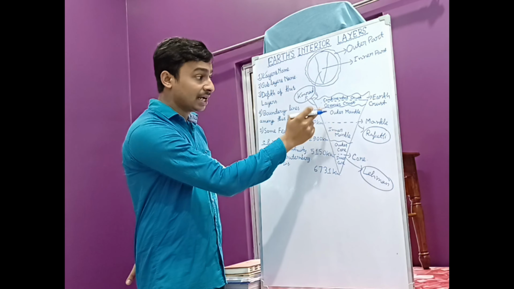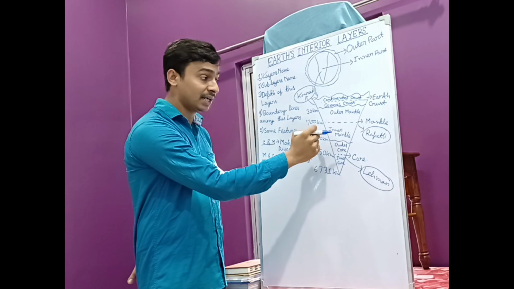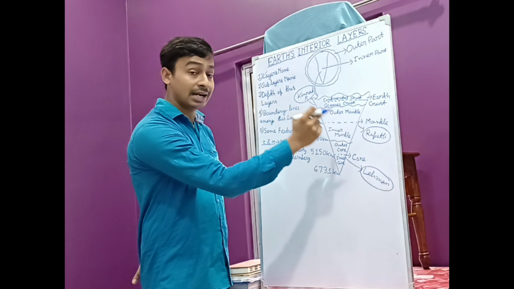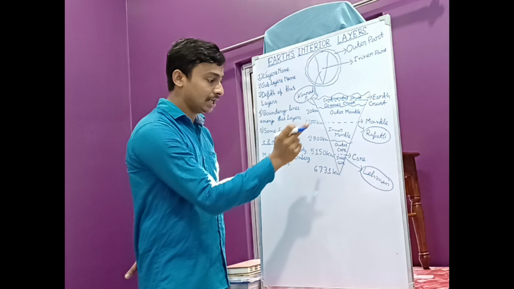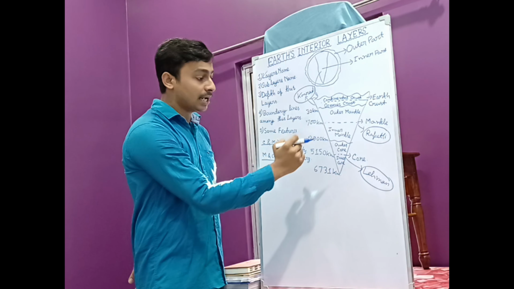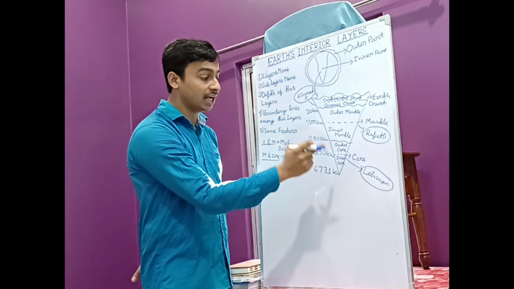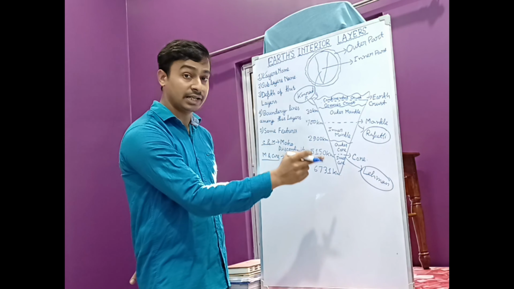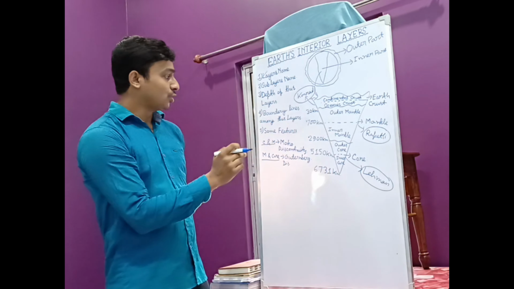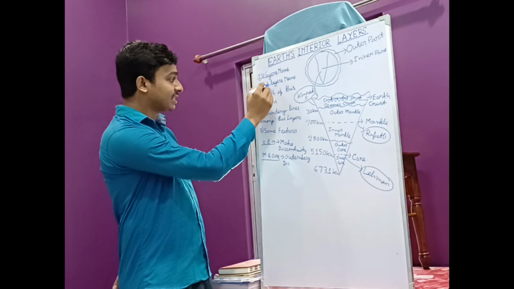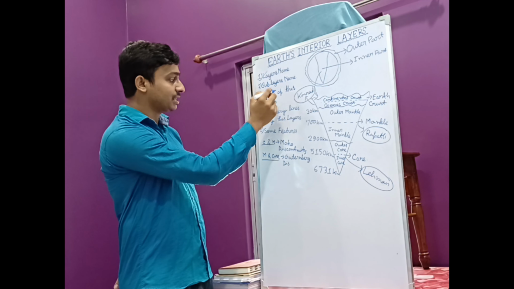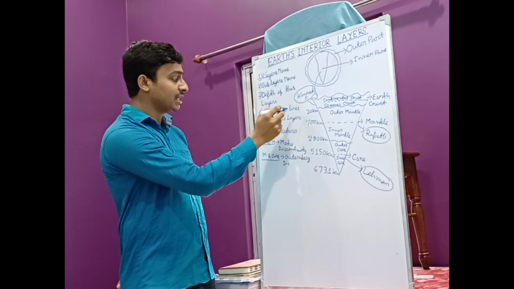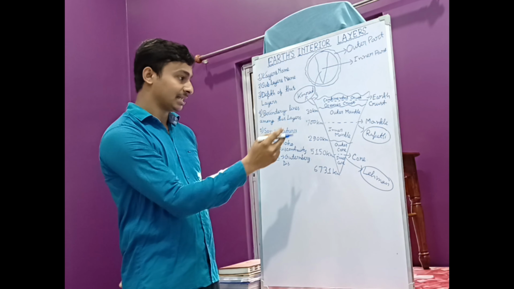And second, outer mantle and inner mantle are divided by rapidity discontinuity line. And outer core and inner core are divided by Lehman discontinuity line.